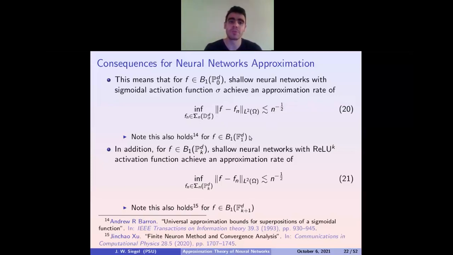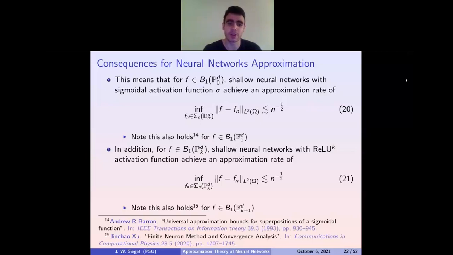In particular, this also holds for functions that satisfy a certain condition on their Fourier transform. If the Fourier transform is in L1, we know you're in some scaled convex hull here, and so for this class of functions defined by this Fourier transform condition, this gives a dimension-independent approximation rate of n to the minus 1/2, and this was the significance of this work by Andrew Barron.